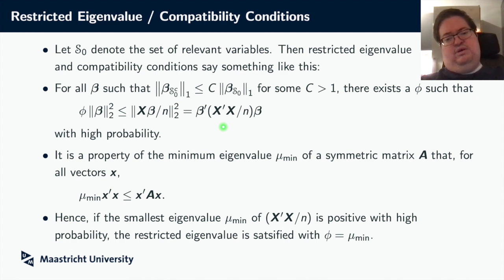Now, let's see if we can link it to eigenvalues. I mean, as you can imagine, given the fact that this condition is called restricted eigenvalue, it should be linked to eigenvalues. And in fact, we can.